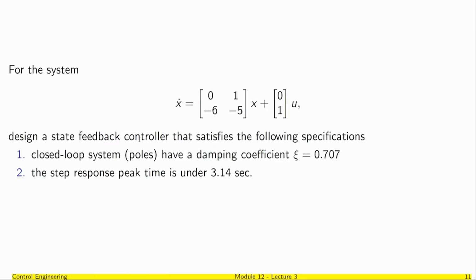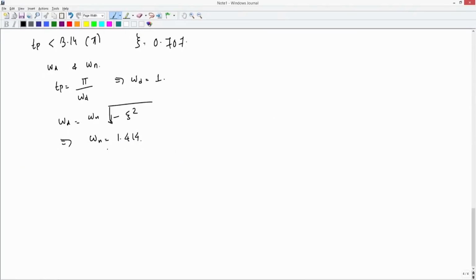Now, what does this mean, right? So, first is, well, it says design a state feedback controller. So, a state feedback controller typically is of the form u equal to minus k times x, okay. Or in this case, since the system is of dimension 2, I will have a k1, k2 times x1 and x2, okay.